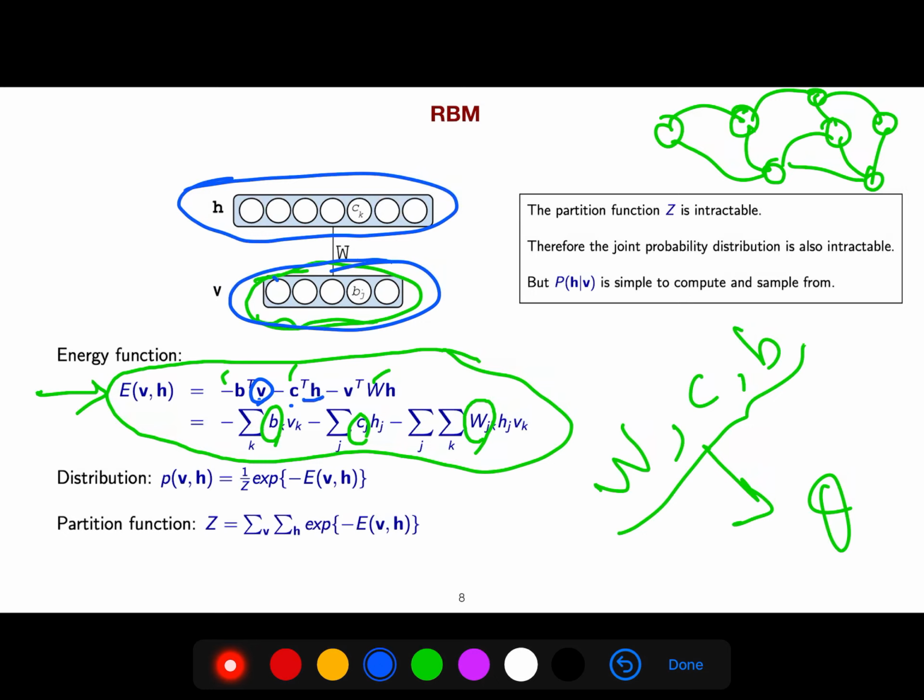Most of the time when we talk about restricted Boltzmann machines, we are working with binary states, for example 1, 0, 1, 0, 1, 1. And 90% of articles work on binary data.